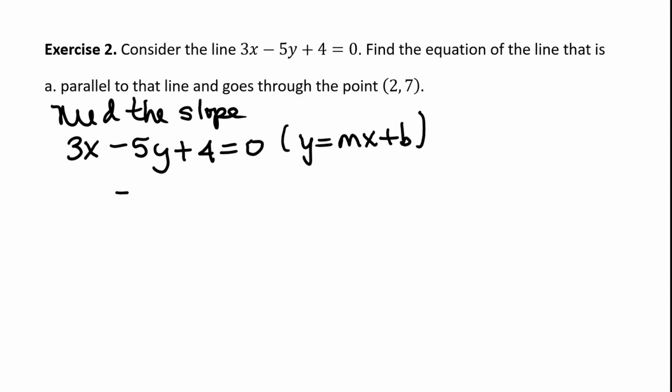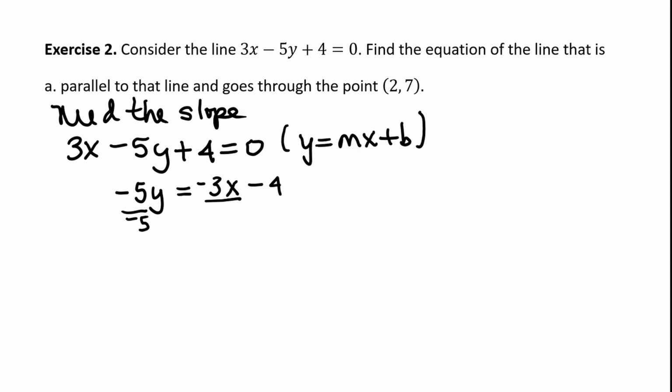So we'll get y by itself. That's negative 5y will be equal to, subtracting 3x from both sides, minus 3x, then subtracting 4 would give you minus 4.